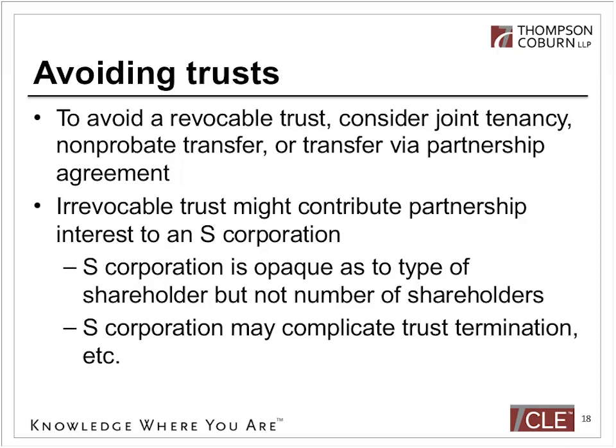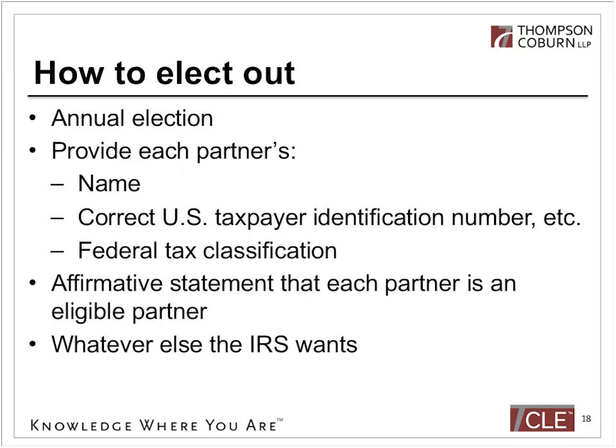So if you had 10 shareholders in the S Corp, then you'd have 10 statements there. So S Corps may complicate trust termination. So I'm not really thrilled about this idea. There may be some other income tax reasons why an irrevocable trust might want to use an S corporation. In fact, we'll touch a little bit on those in the second segment.